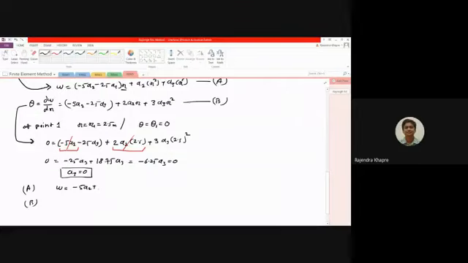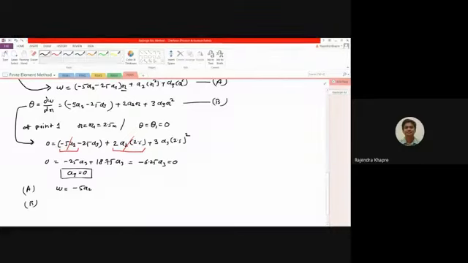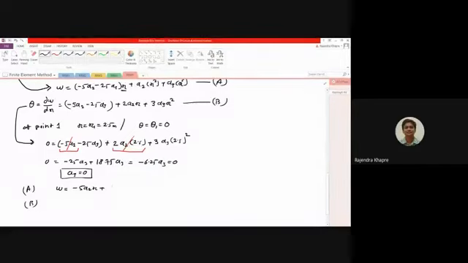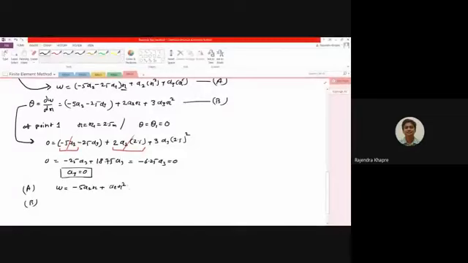Then we have plus 2 times, sorry, my mistake, this has to be multiplied with X, isn't it? So this will be X. I'm talking about expression A, okay? So there is an X over here, isn't it? Then we have plus A2 into X square, plus we have A3 into X to the power 3. Since A3 is 0, it will be completely gone.